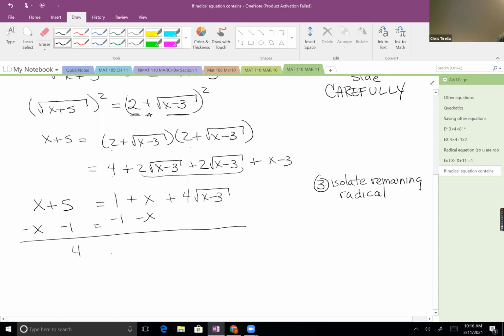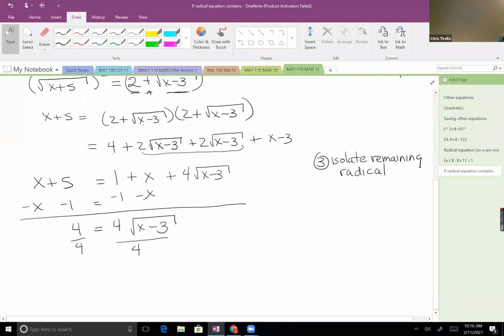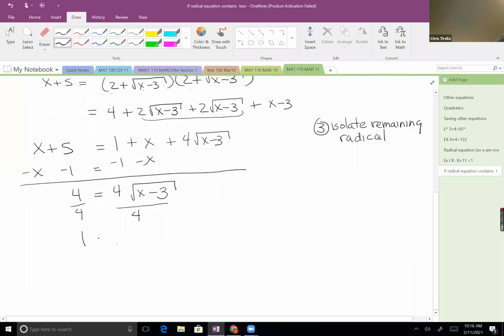Gives me 4 equals 4 times the square root of x minus 3. The radical term is alone, but it's got that coefficient. So let's divide both sides by that coefficient of 4. Gives me 1 equals the square root of x minus 3.